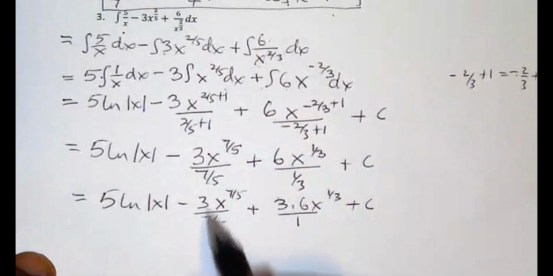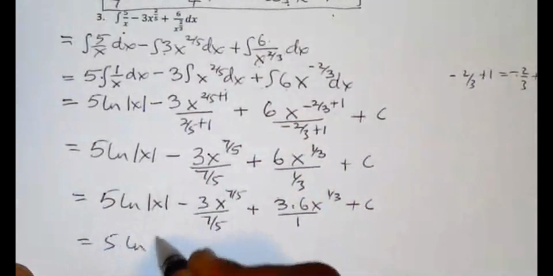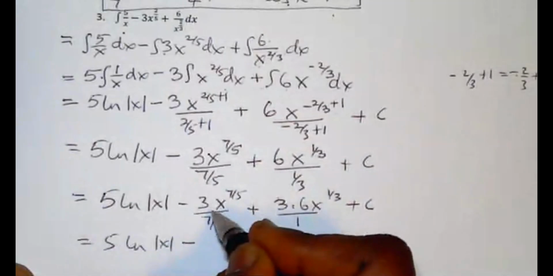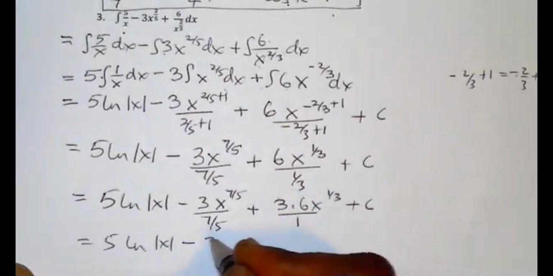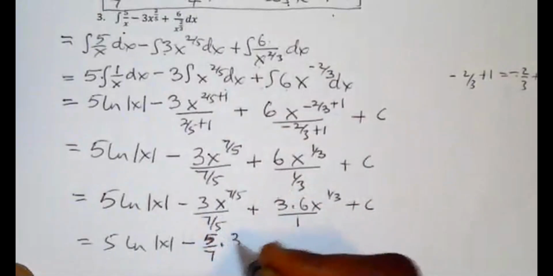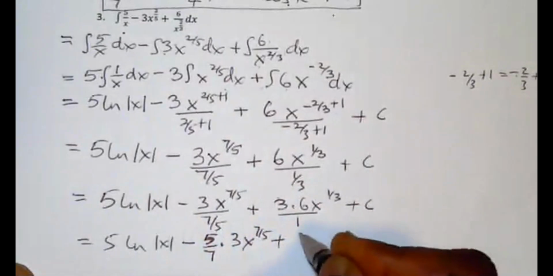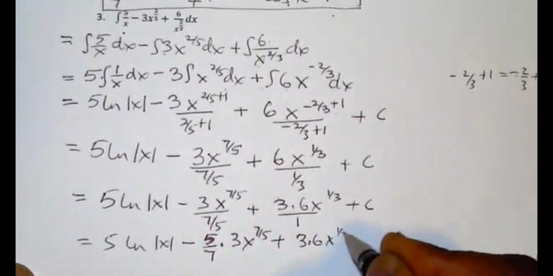Okay, I should have simplified this, but let's do that now. So we have 5 natural log of x. So this becomes 7 over 5, reciprocal of this. So it's 5 divided by 7 times 3x to the 7 over 5, plus 3 times 6x to the 1/3, plus c.